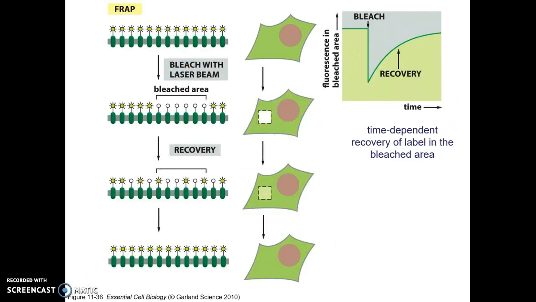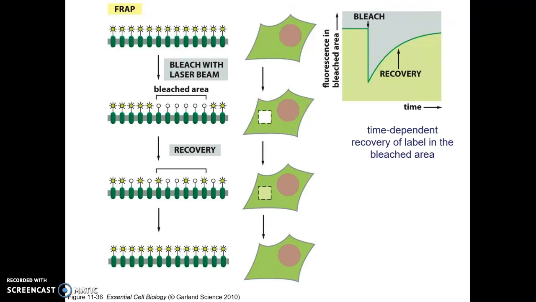Another way that we've done it is by taking green fluorescent protein, and you put these green fluorescent proteins into the membrane and then you use photobleaching. So you shine a laser on them and then they stop fluorescing.